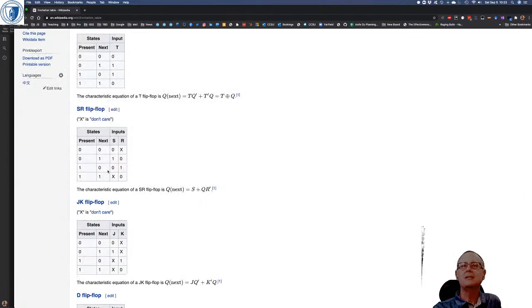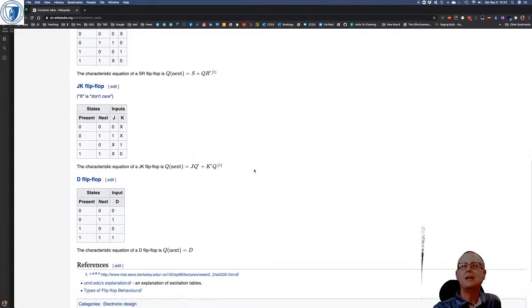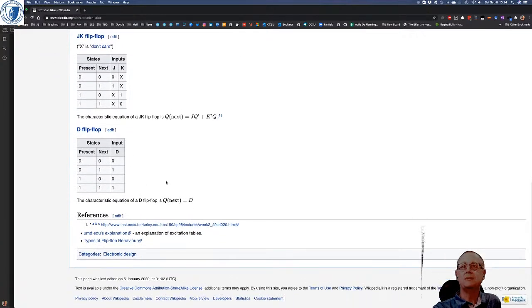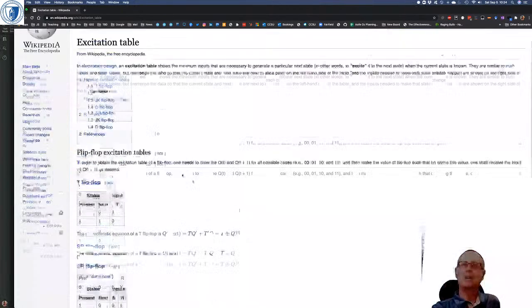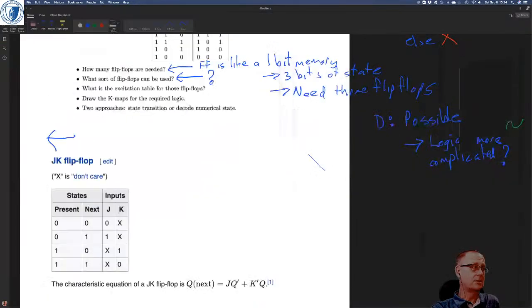There's the SR. There's the D flip-flop. Right, they all have excitation tables. Let me just put that into the links.